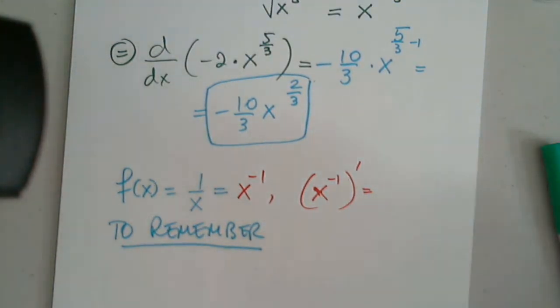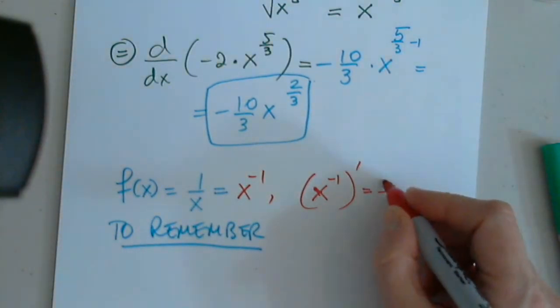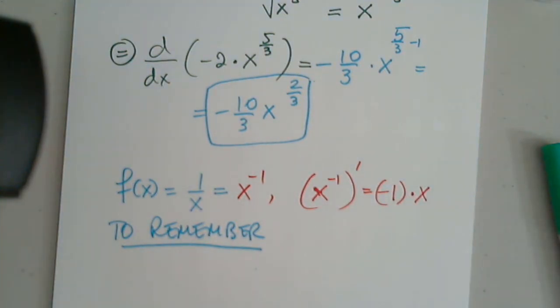So -1 multiplied by x. We haven't finished. -1 minus 1 in the exponent. Good, which is? -2.